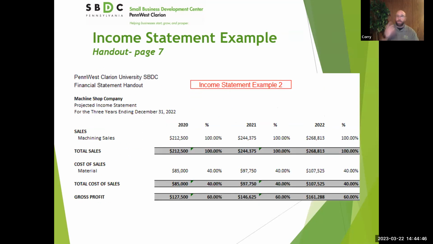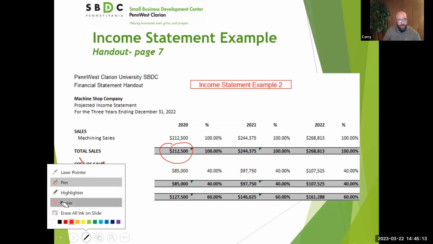Now, to go back to what Cindy brought up earlier about a service-based business, if this was a service-based business, then you would take this part out. You would have your total sales, which would be your gross profit also. So let's take this out here as well.